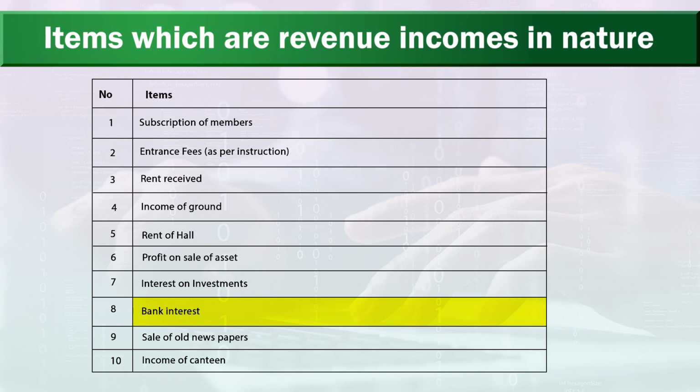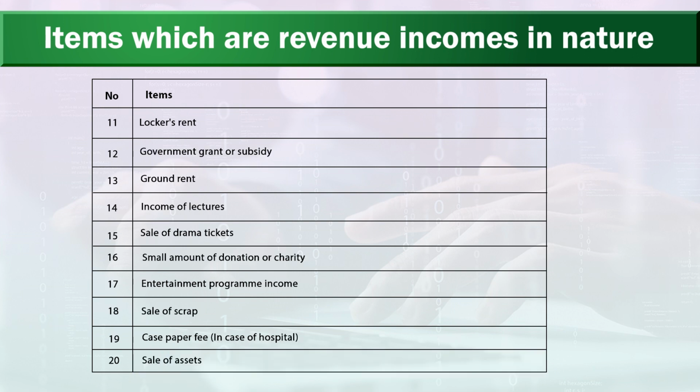Bank interest. 9. Sale of old newspapers. 10. Income of canteen. 11. Lockers rent. 12. Government grant or subsidy. 13. Ground rent. 14. Income of lectures. 15. Sale of drama tickets.